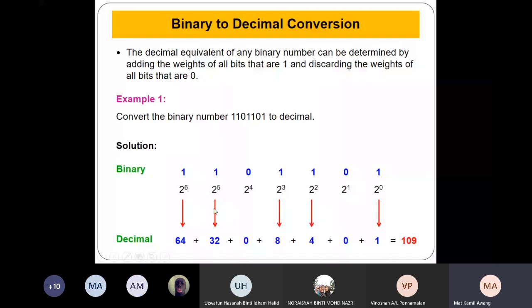Then 2 to the power of 5, 32. And the most significant bit is 2 to the power of 6, which is 64. Then you add up all together, and you get 109. So that is how you convert a binary to decimal. Clear? Simple, right?